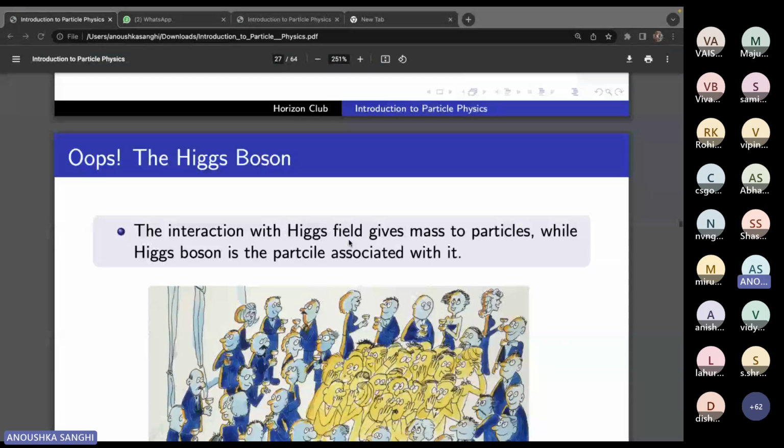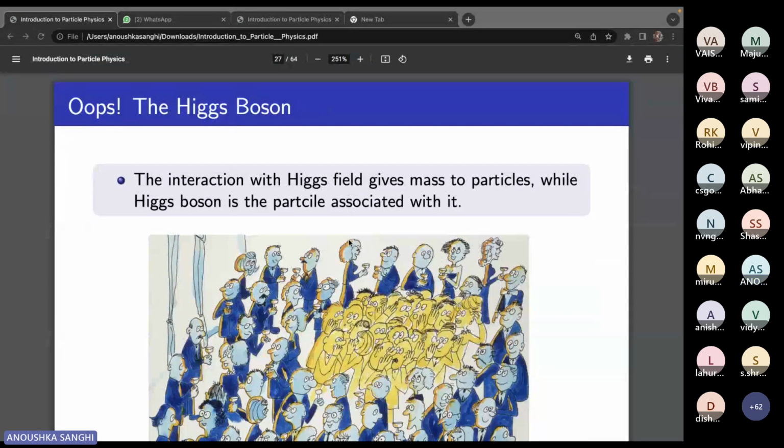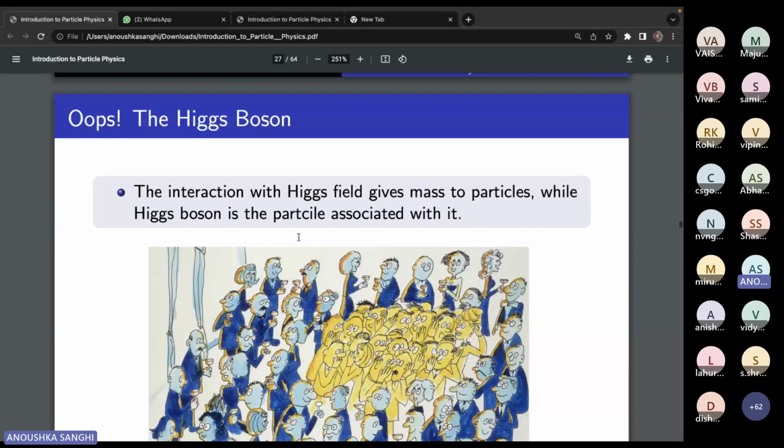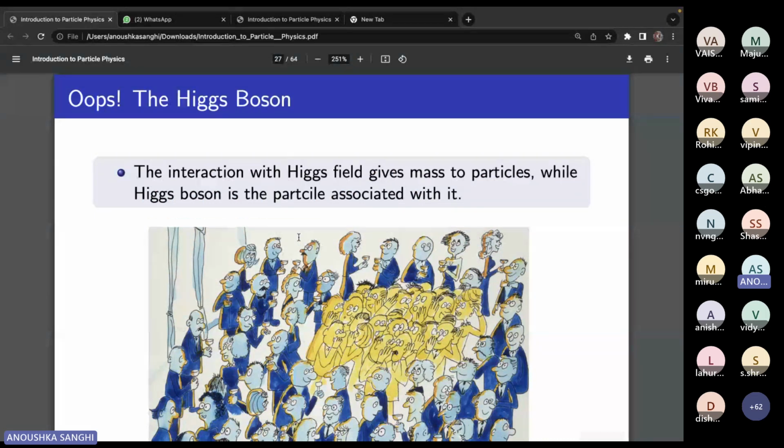If I talk about its history, Peter Higgs predicted earlier that since some particles have very heavy mass, some have moderate mass, and some are almost massless, there should be a reason.